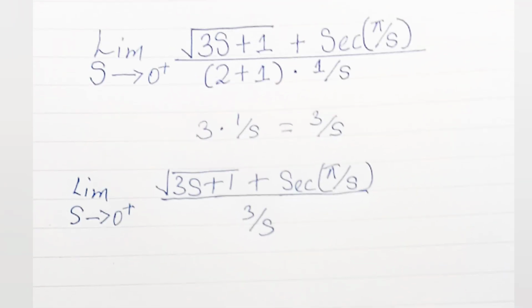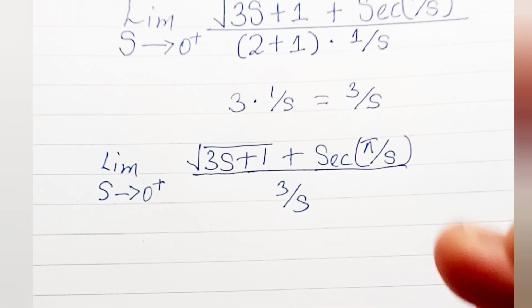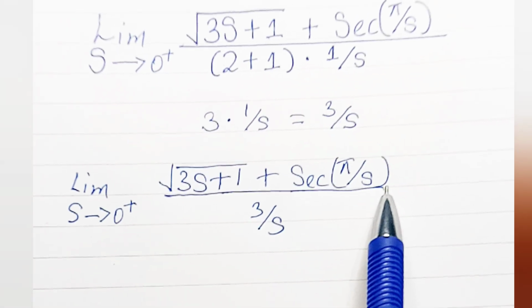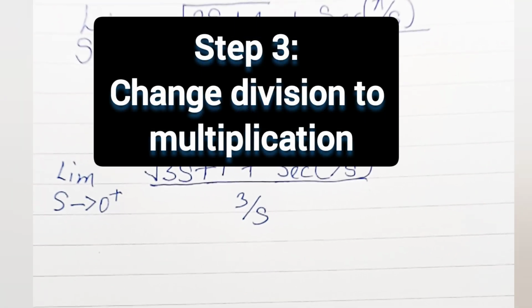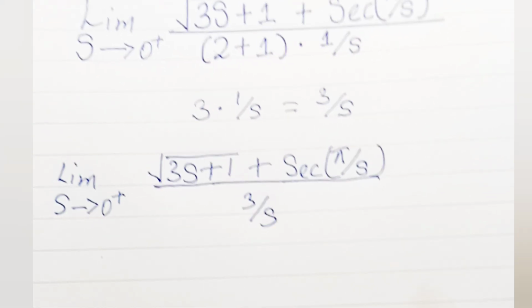So now you have to change this division to multiplication. And to change from division to multiplication, you have to flip.